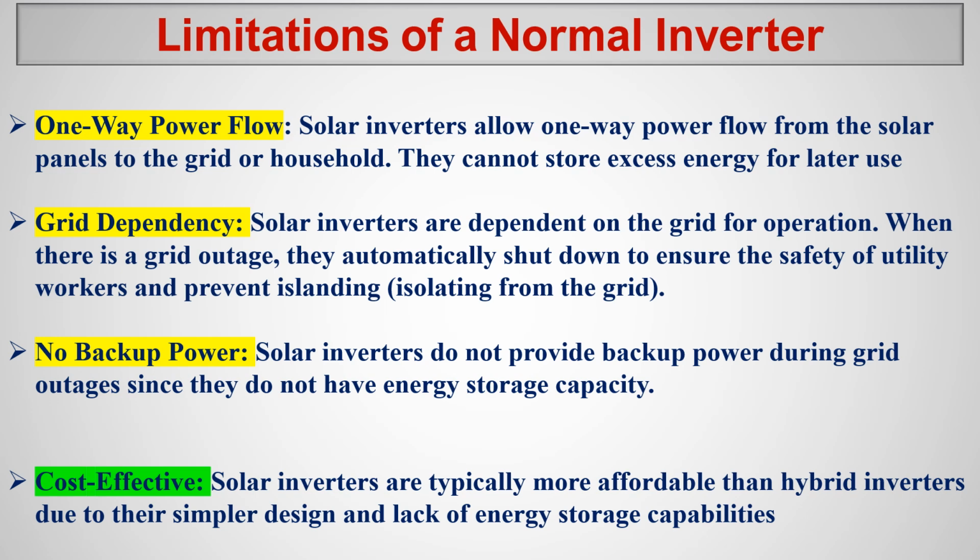There are a lot of different choices you're asking about. A normal inverter is not suitable for any other choices. It is made for only one choice: whatever the solar panels generate is converted into AC by the normal inverter and supplied to your house. If there is excess, it is sent to the grid. That's it. There is no other option.